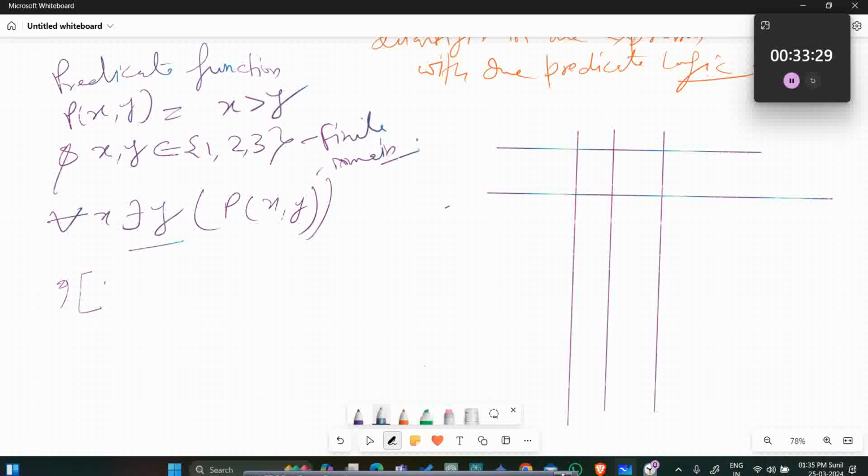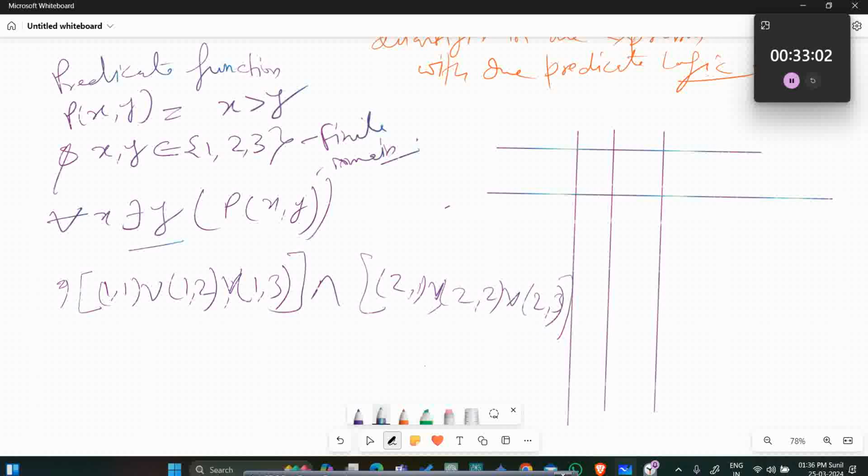Is y 1, 1 or 1, 2 or 1, 3 for x equal to 1? Now x is 2 here: 2, 1, 2, 2 or 2, 3. So this is false. False and anything is false. That doesn't hold either.